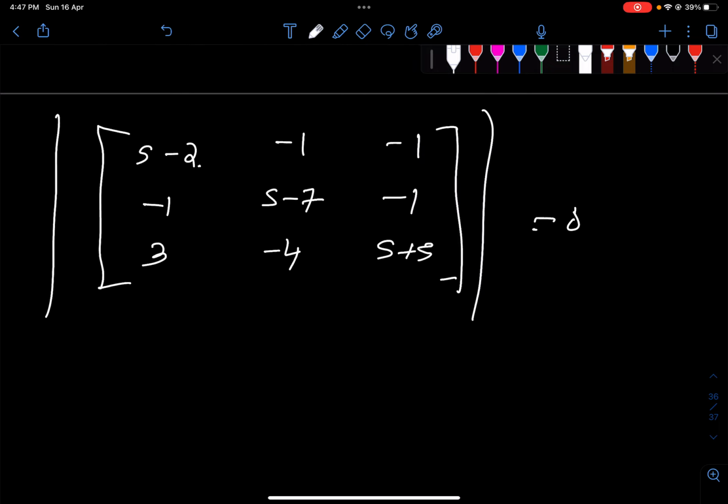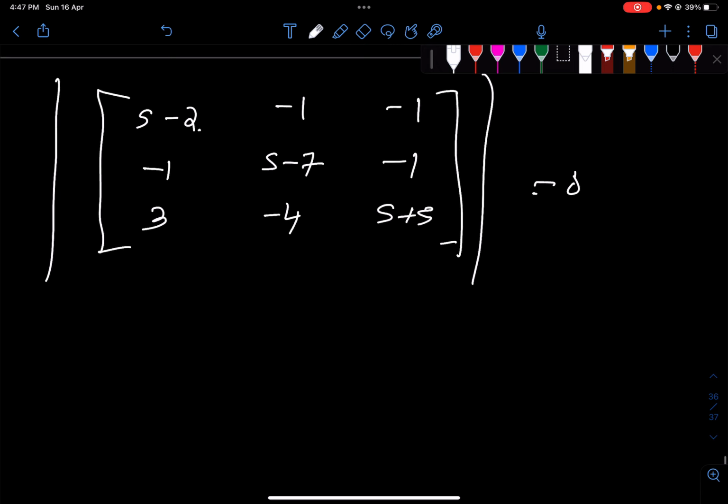So s minus 2, minus 1, minus 1; minus 1, s minus 7, minus 1; 3, minus 4, s plus 5, right? What is the determinant of this one?